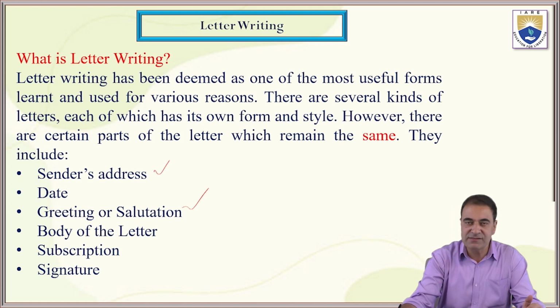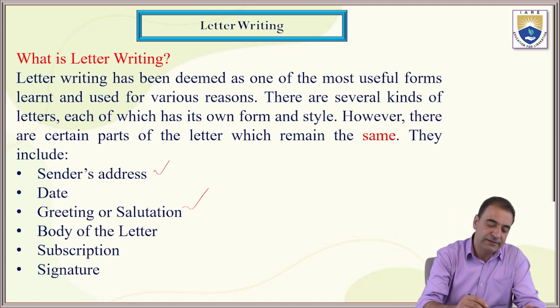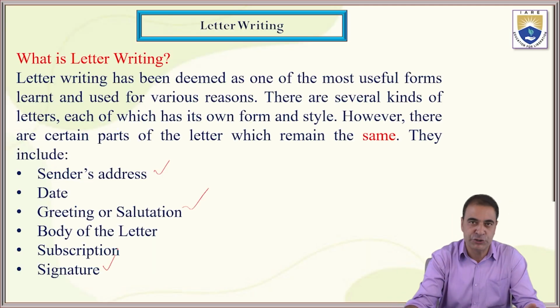Then we have the subscription, and then we have the signature. These are the things which you will find in every type of letter: the sender's address, the date, greeting or salutation, body of the letter, subscription, and the signature.